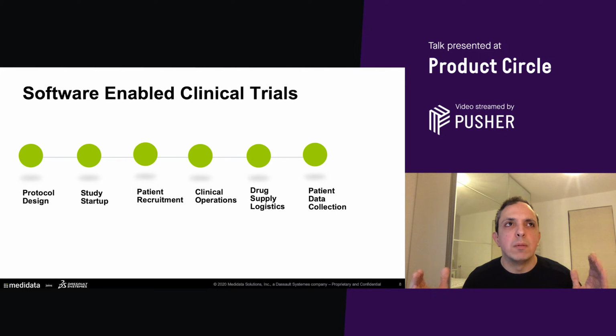It states the hypothesis, and dictates how the study should be conducted. It determines the amount of patients that need to be recruited before efficacy can be established. So this is essentially the Bible of any clinical trial.